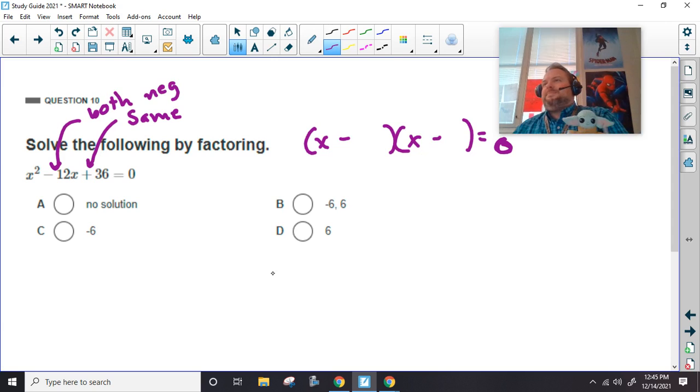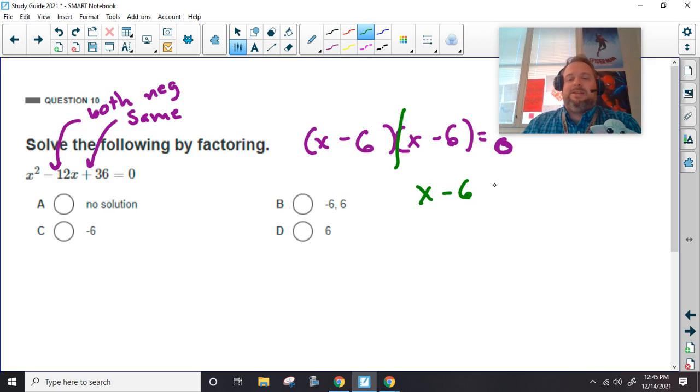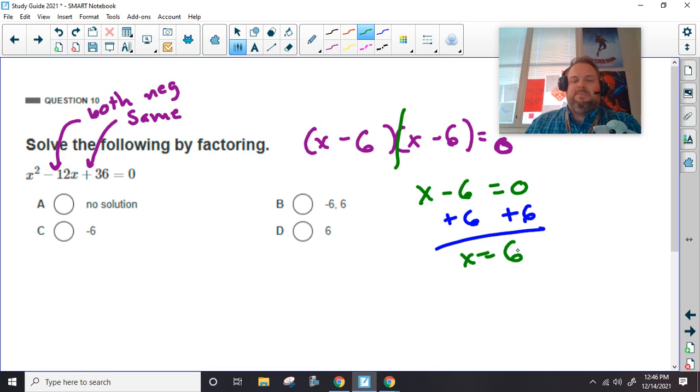Now, what are the factors of 36 that when you combine them you get 12? So when we cut this, we only need one of them. All right. So we actually just end up with this.